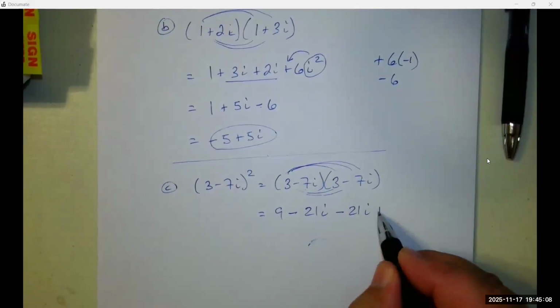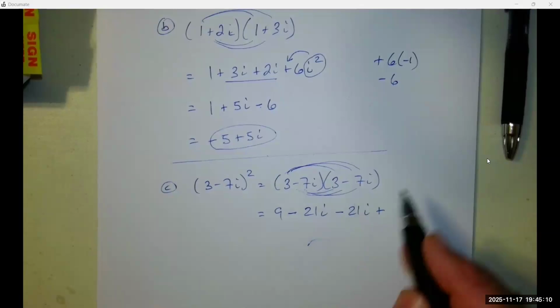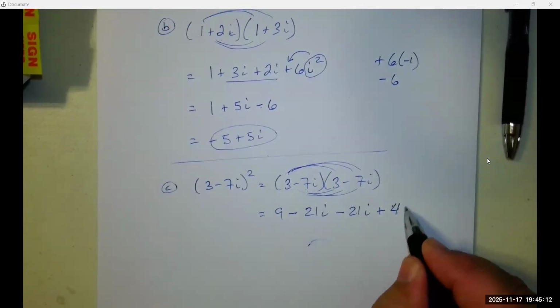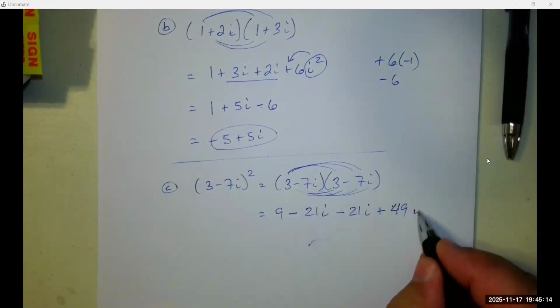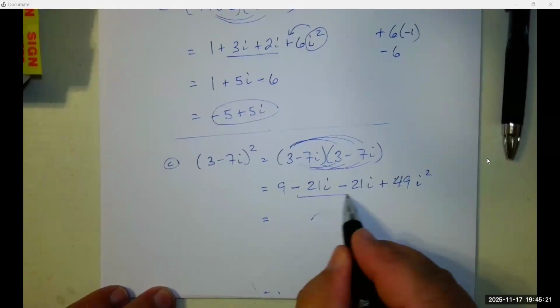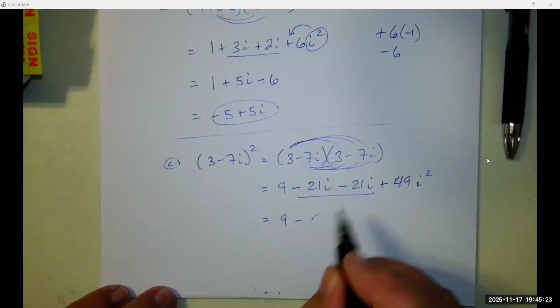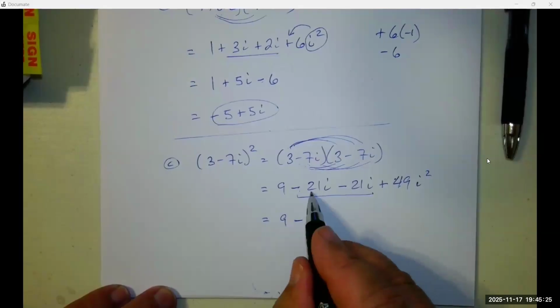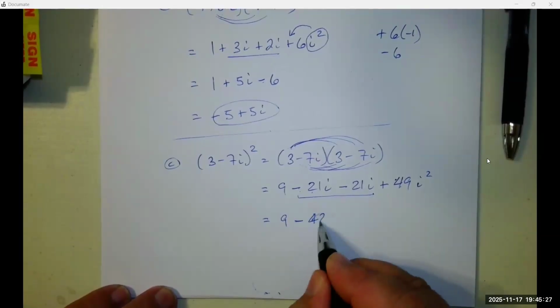Negative times negative is positive. 7 times 7 is 49. i times i is i squared. Combine like terms. So we have 9, negative, negative makes a negative 21, 21 is 42i.